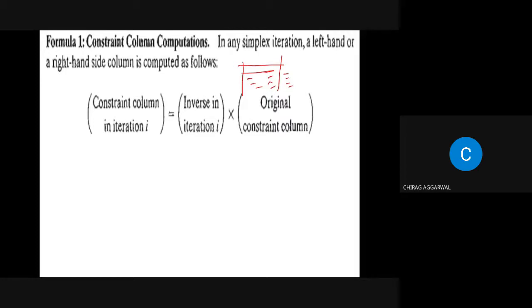Constraint column in iteration i is the inverse in iteration i, that is B inverse, times the original constraint column Pj, that is B inverse Pj. And the right-hand side becomes B inverse b.